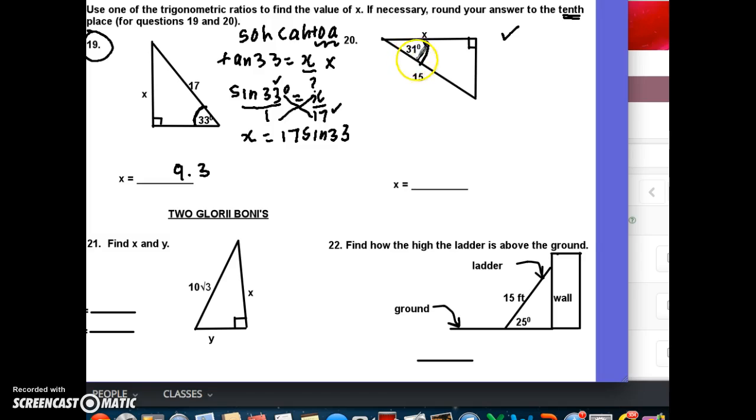Adjacent is what I want, and the hypotenuse I know. So the setup would be cosine of 31 is equal to adjacent, which is x, over hypotenuse, which is 15. I know 2 of the 3 features, so I can work it out. So x times 1 is x. Your answer is going to be 15 times the cosine of 31. So you go ahead and finish that up.